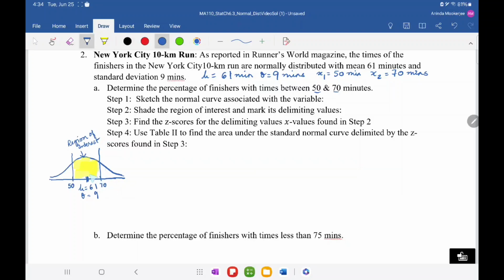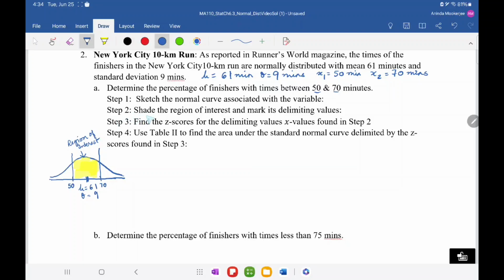We have to find this area in order to find the percentage of finishers with time between 50 and 70 minutes. Now, we cannot go to our table to find the area with actual values. We need to convert the 50 and 70 to z values, right? So let's find the z value.